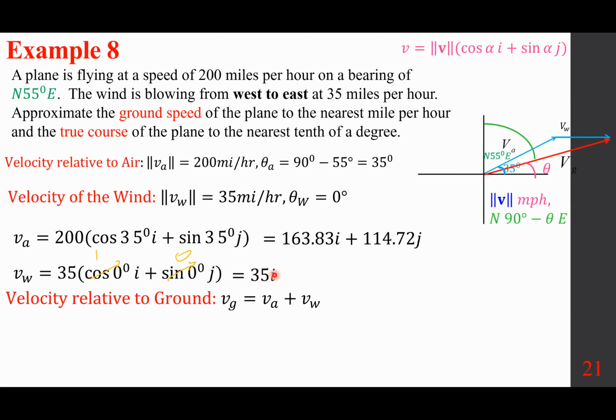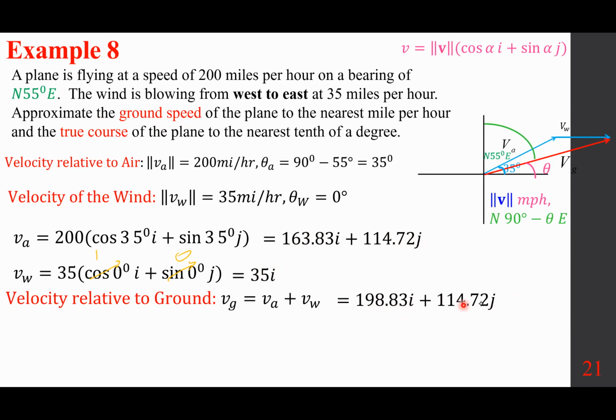So add these two, 198.83I, and this one, there is no J component. So approximate the ground speed.